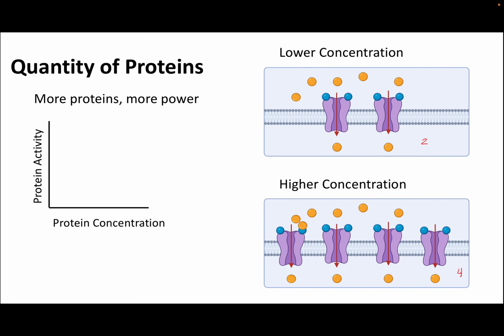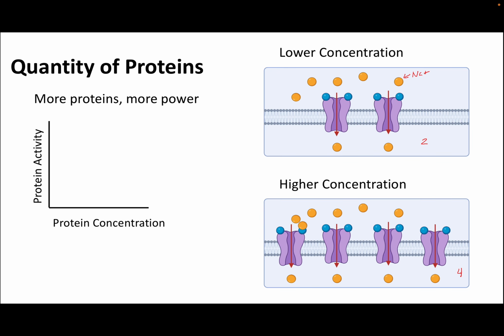Okay. Assuming that there are plentiful ligands for them to be open, which we do have happening in this picture, remember that the intention is for these channels to move these sodium ions across this membrane. Well, only one sodium ion can fit through the channel. It's like a single file kind of deal. And you imagine if you have 2 of these channels open, you'll be able to transport a certain number of sodium ions.